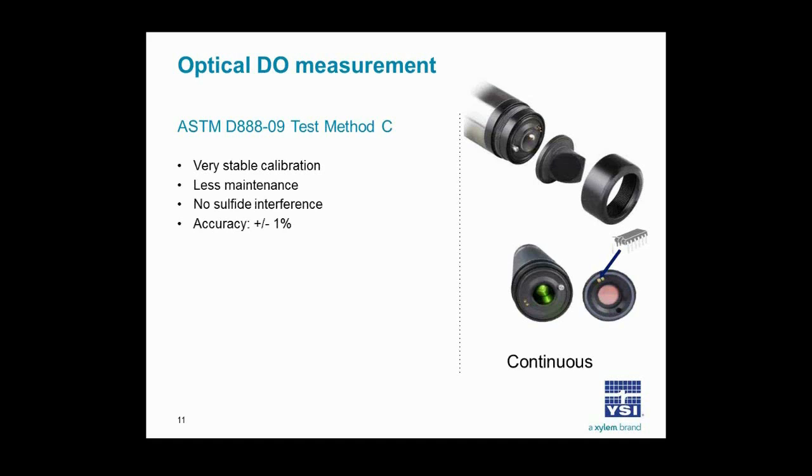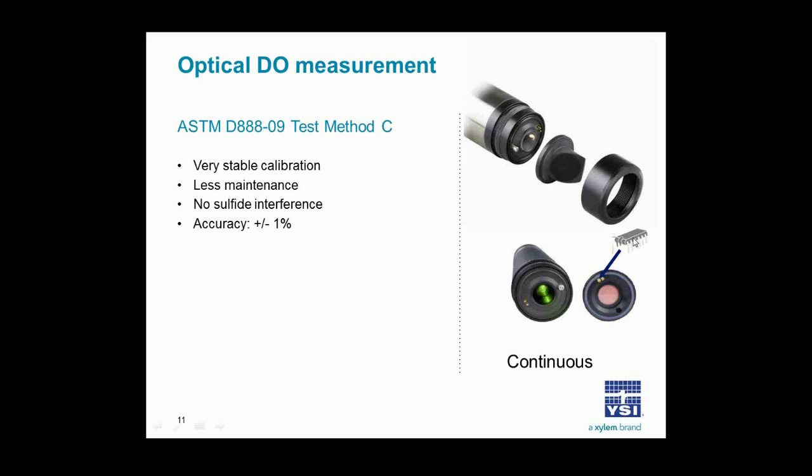On the right-hand panel then is an example of a continuous online dissolved oxygen sensor. There is a light source on the inside that reacts with a fluorescence layer on the underside of this removable, replaceable sensor cap. And that reaction establishes the relationship between fluorescence and dissolved oxygen concentration.